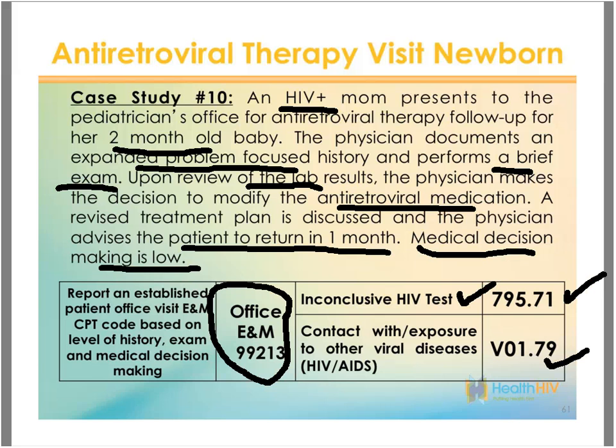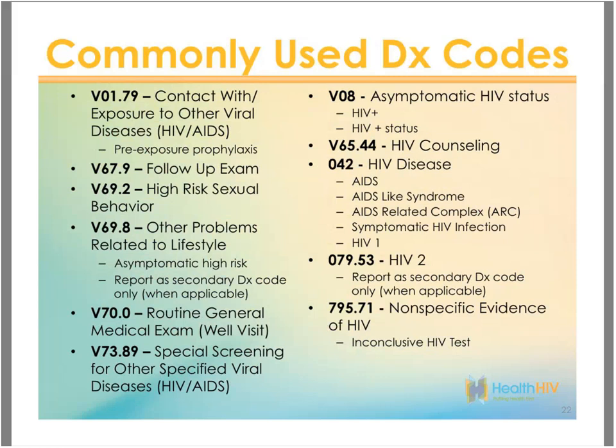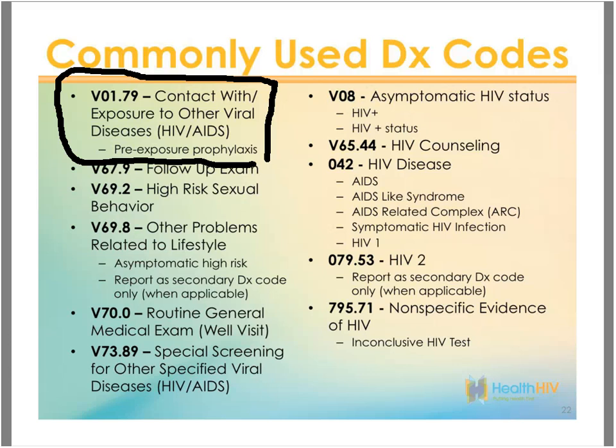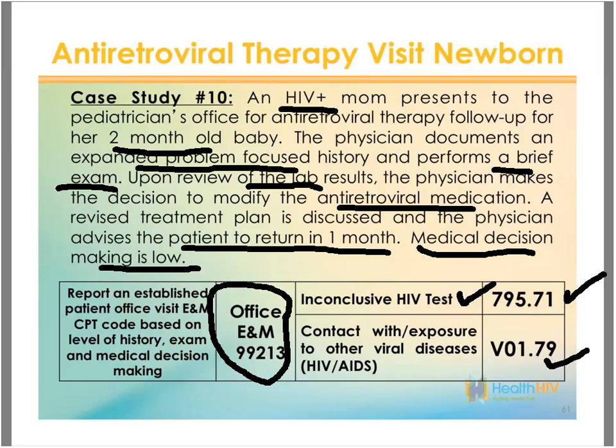And let's just take a quick moment to go back to the diagnosis slide so that you can see what the diagnosis description is: contact with or exposure to, and also pre-exposure prophylaxis. So in this case, because the newborn was exposed to the mom's antibody status, that is the reason why we're using V01.79 as the second diagnosis.